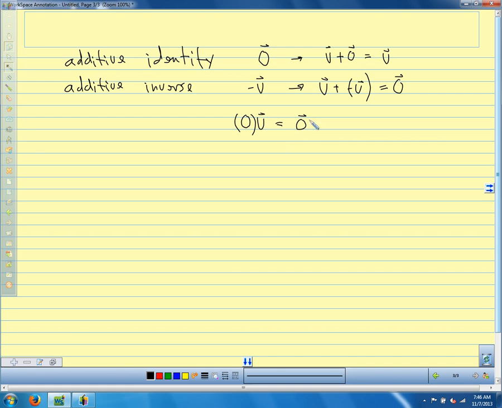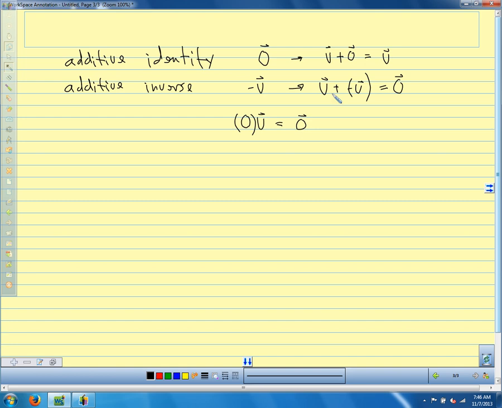So the additive identity is the vector that you add to another vector and you get the original vector back. The additive inverse is the vector you add to, and when you add them together, you get the zero vector. For the other properties, we can group them. We can change the order of addition or subtraction. We can distribute a scalar. Those kinds of properties hold for vectors as well. So, questions so far?